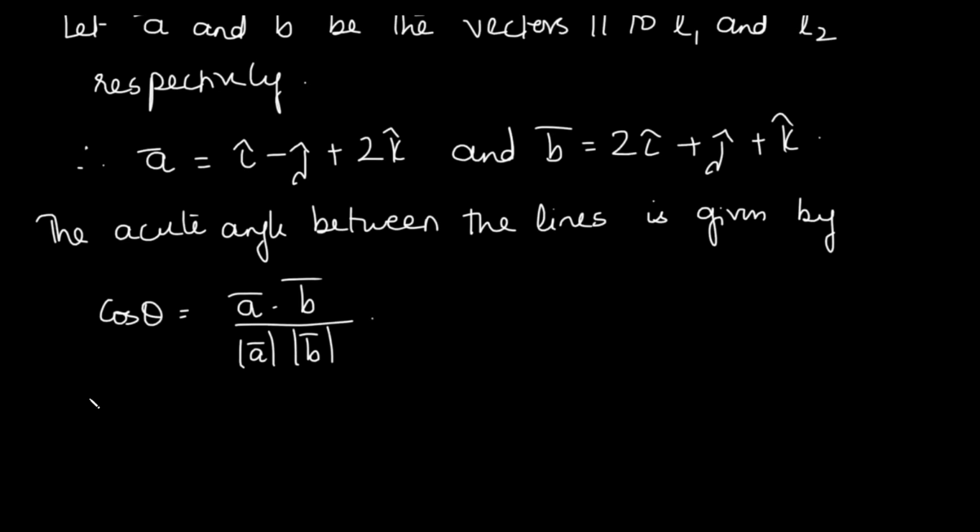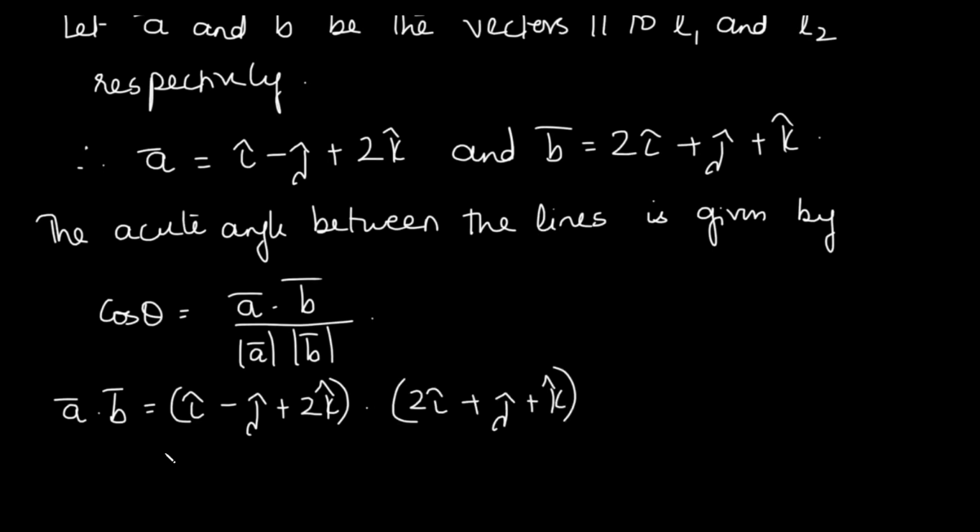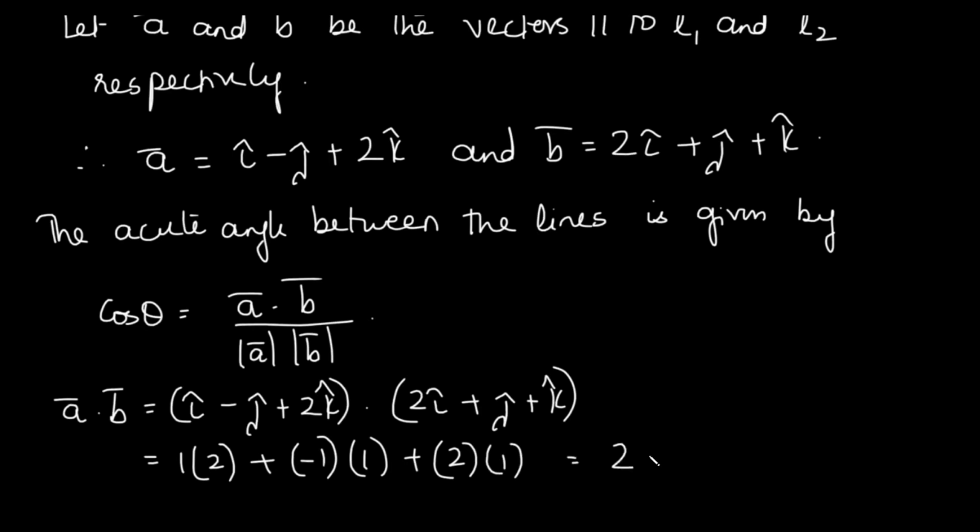So here A dot B, which is (i minus j plus 2k) dot (2i plus j plus k), and now writing the coefficients, we get 1 into 2 plus minus 1 into 1 plus 2 into 1, which comes out as 2 minus 1 plus 2, which is 3.